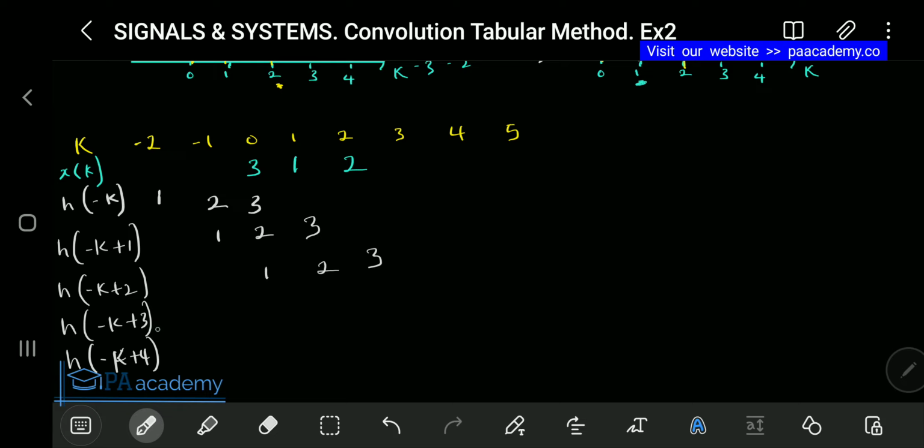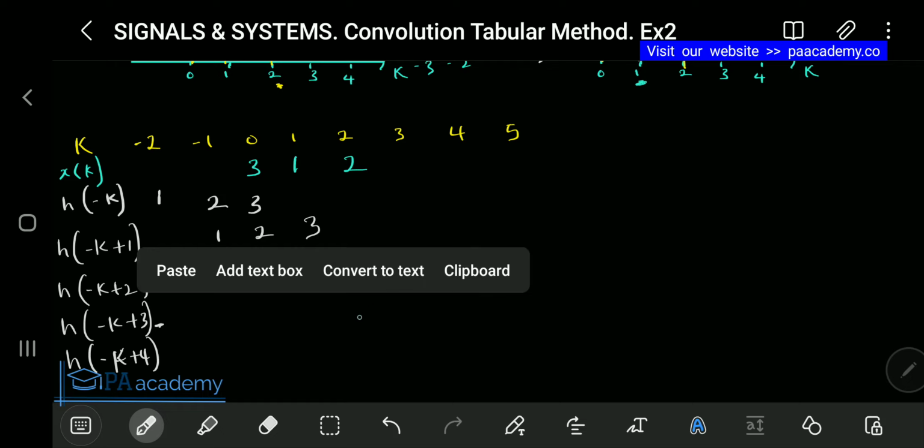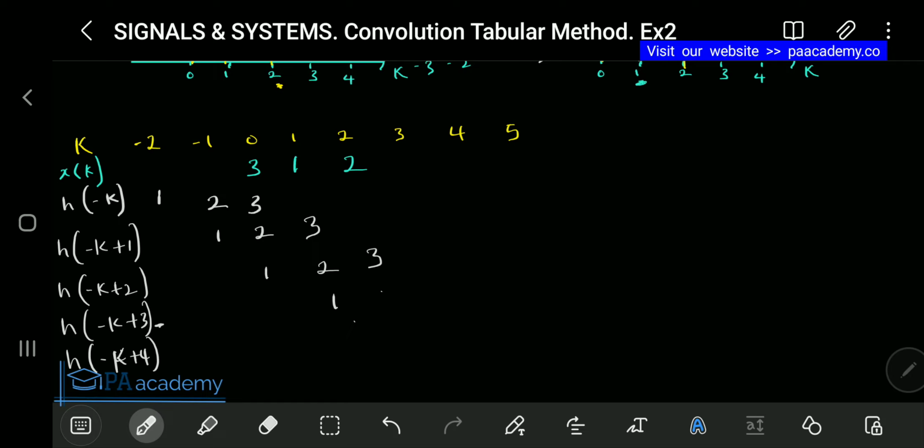If you shift this now, we're going to be having 1, 2, 3. If we shift this now, we are going to be having 1, 2, 3. Alright, I hope we are still on the same line.